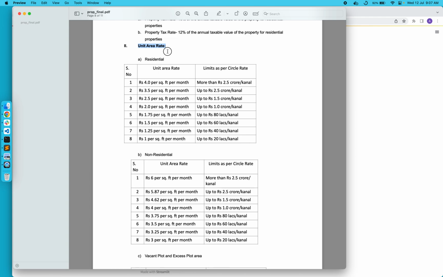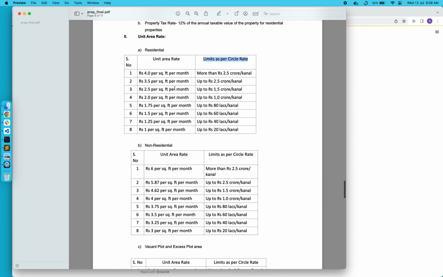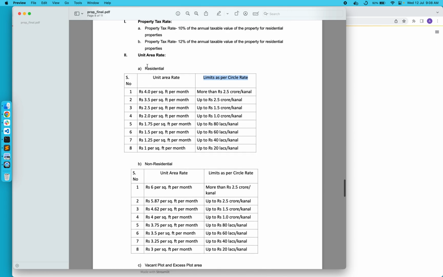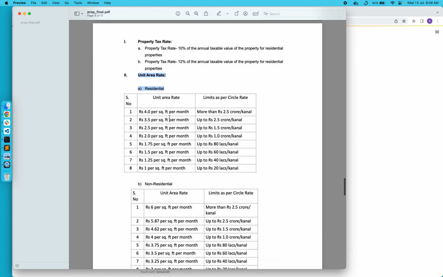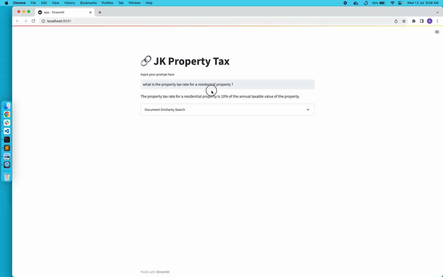So let's say unit area rate is residential and limits as per circle rate. So we can ask what is the unit area rate for residential property, or unit area rate, and let's see if it will give the whole table, or what it will give first, and then we can improve our prompt.